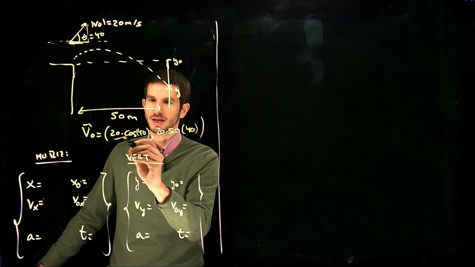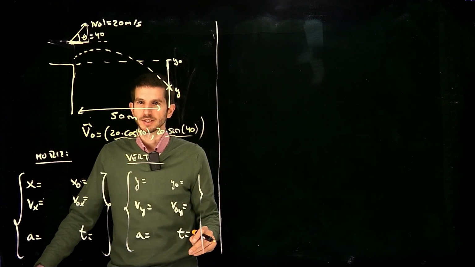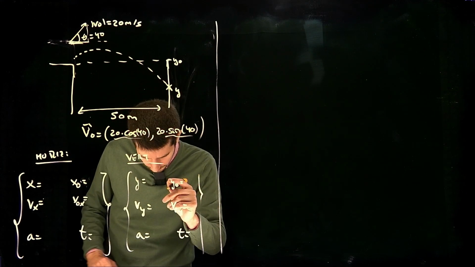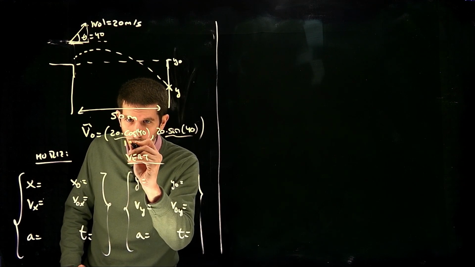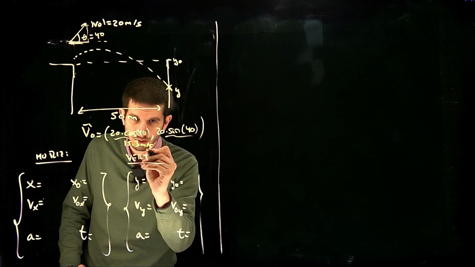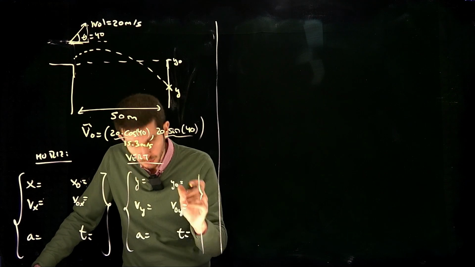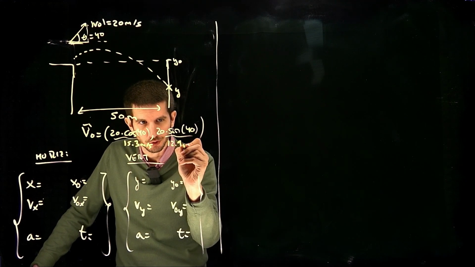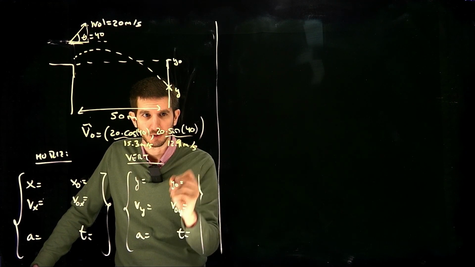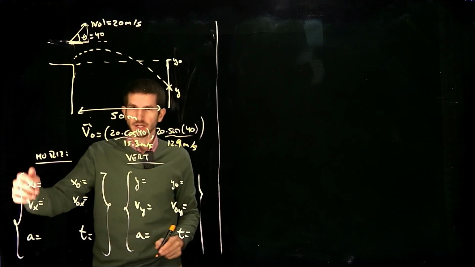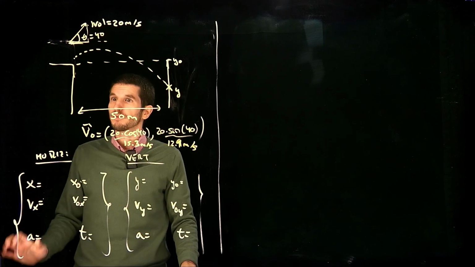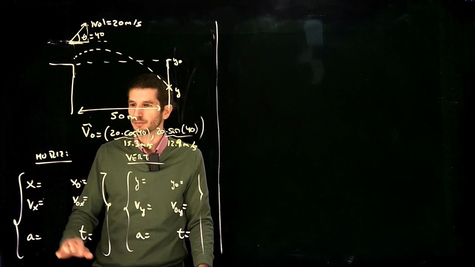If we compute these numbers, the x component is 15.3 meters per second, and the y component is 12.9 meters per second, approximately. So we can take that information and start filling in our parameters.